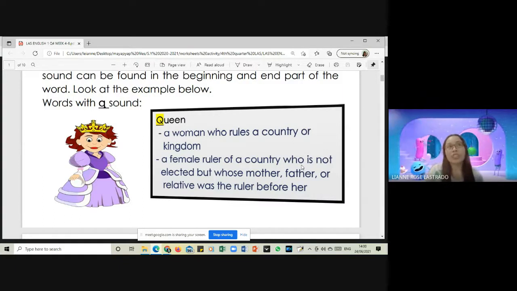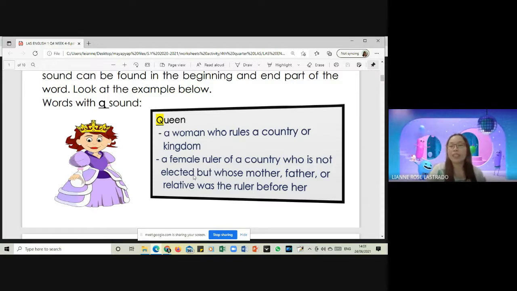She is, I think, 96 years old, and she still rules the United Kingdom. Before she became a queen, she was a princess. So that's the meaning of a queen, a woman who rules a country or kingdom.